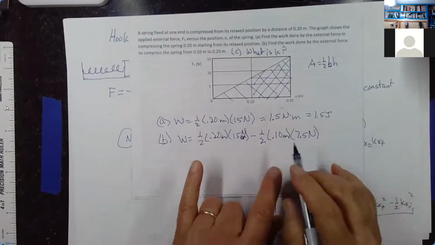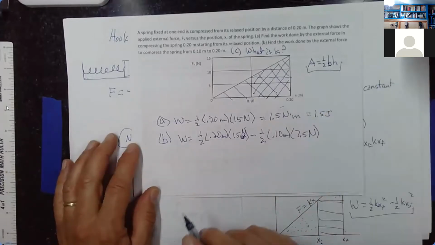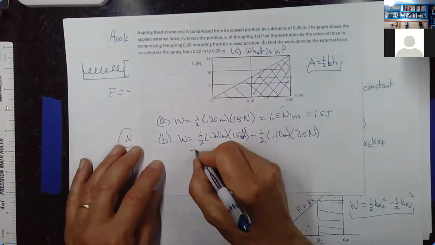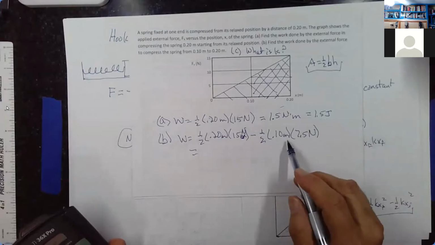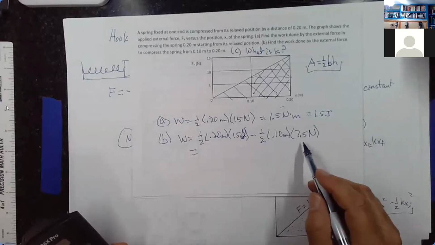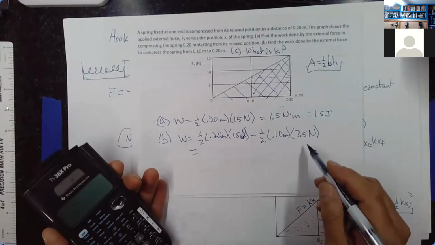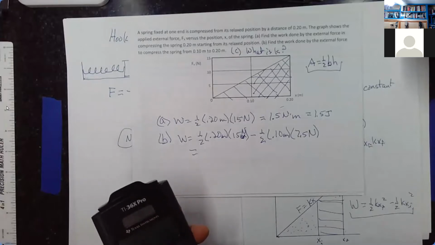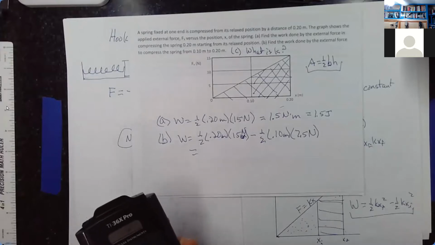Okay. And so that's a way that I can figure this out just from geometry, just from area equals 1/2 base times height. I don't feel like doing all that in my head. That was 1.5 joules. This is probably going to be a lot less, like 0.375 joules, I think. But let's check it out. 0.5 times 0.10 times 7.5. Turn on calculator first.